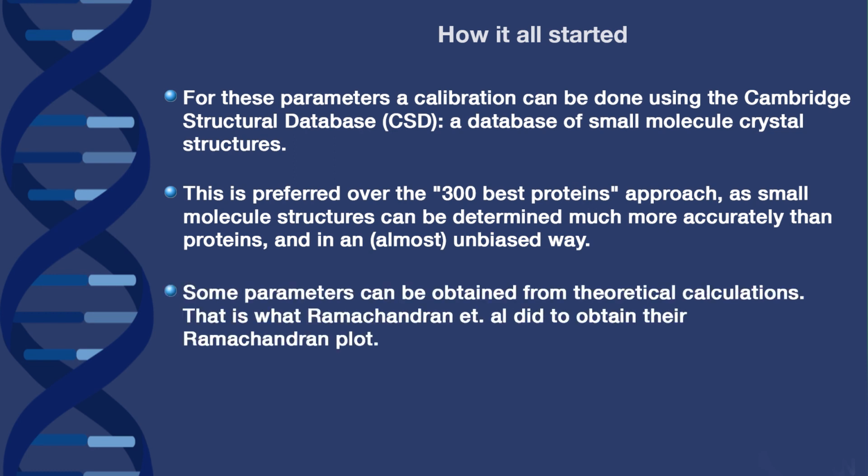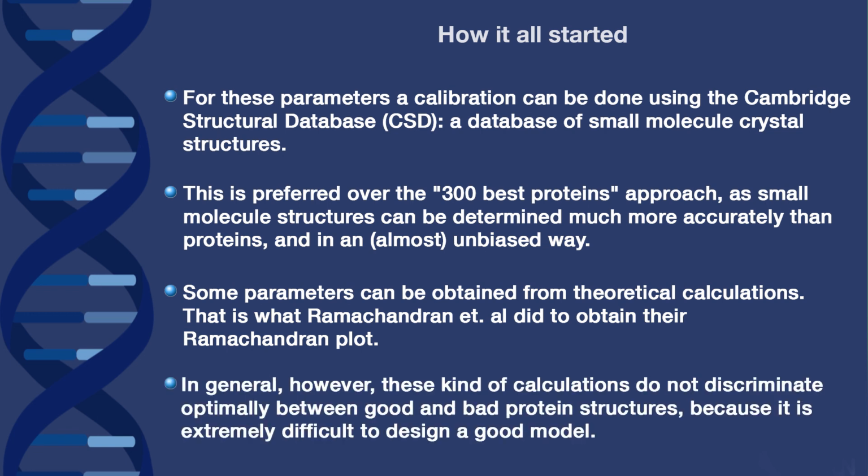Some parameters can be obtained from theoretical calculation, which is what Ramachandran et al. did to obtain their standard Ramachandran plot. In general, however, these kinds of calculations do not discriminate optimally between good and bad protein structures, because it is extremely difficult to design a good model.